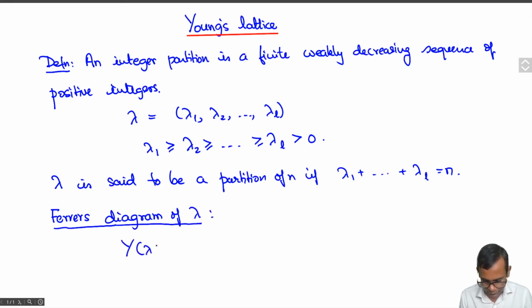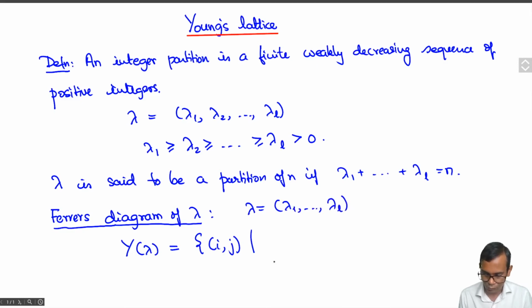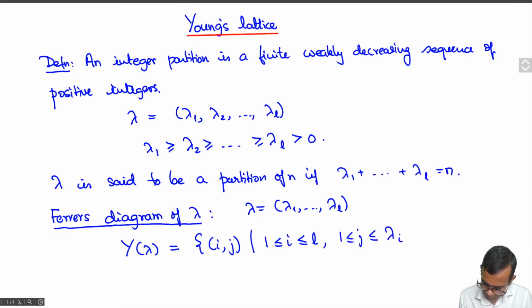Y lambda is just a set of ordered pairs of positive integers. It is a set of pairs (i, j), where we'll assume that lambda has this standard form, lambda 1 through lambda L. So 1 less than or equal to i less than or equal to L, and 1 less than or equal to j less than or equal to lambda i, for each i between 1 and L.